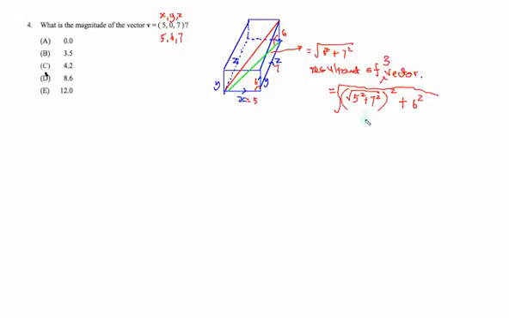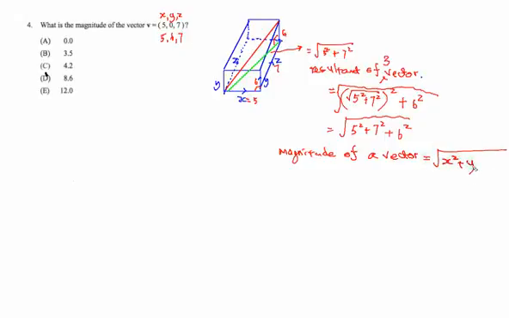Now, if you square root this, you end up with 5 square plus 7 square plus 6 square. In other words, if you want to find the magnitude of a vector, you just put in the x square plus the y square plus the z square, and take the square root.